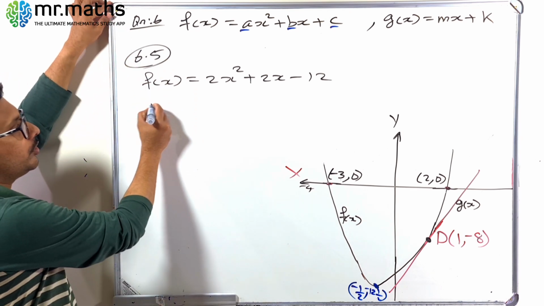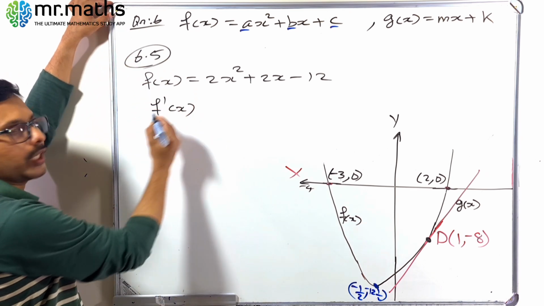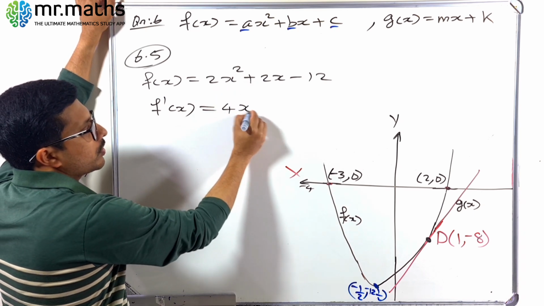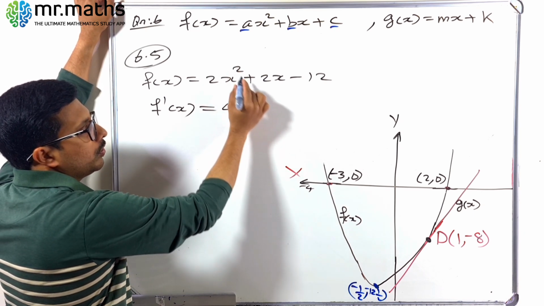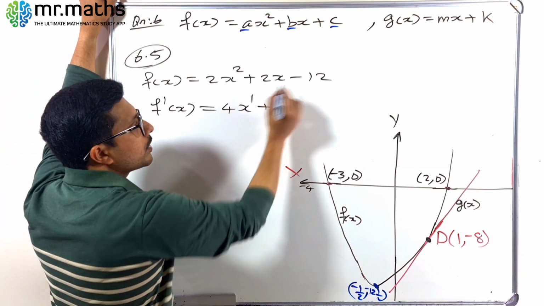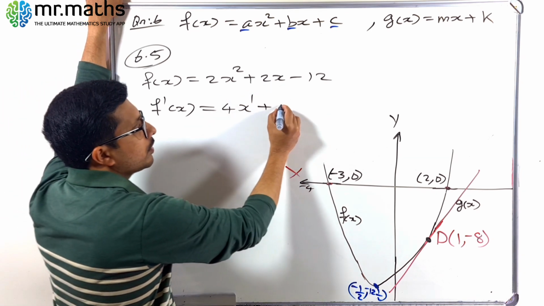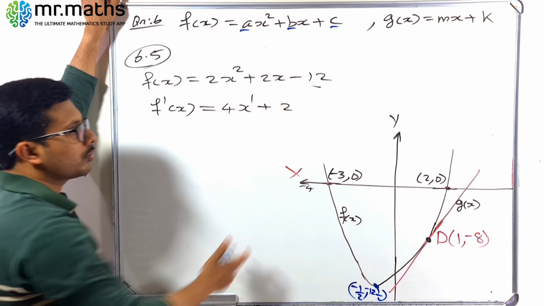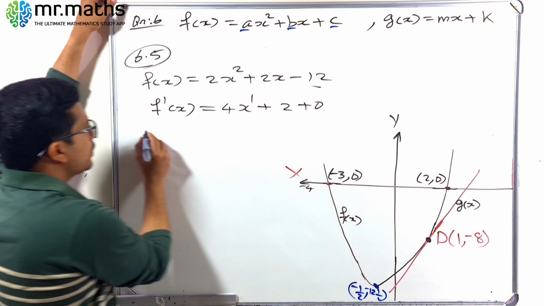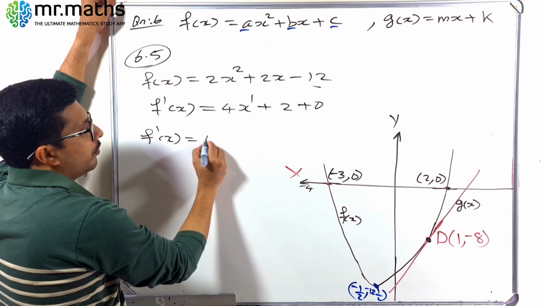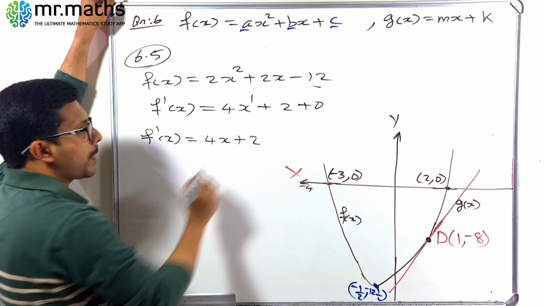So what is the derivative? f dash of x is 2 into 2, 4, x raised to 1 less than 2, which is 1, plus the derivative of 2x, which is 2, minus 12, constant term derivative is 0, so plus 0. So f dash of x is equal to 4x plus 2.